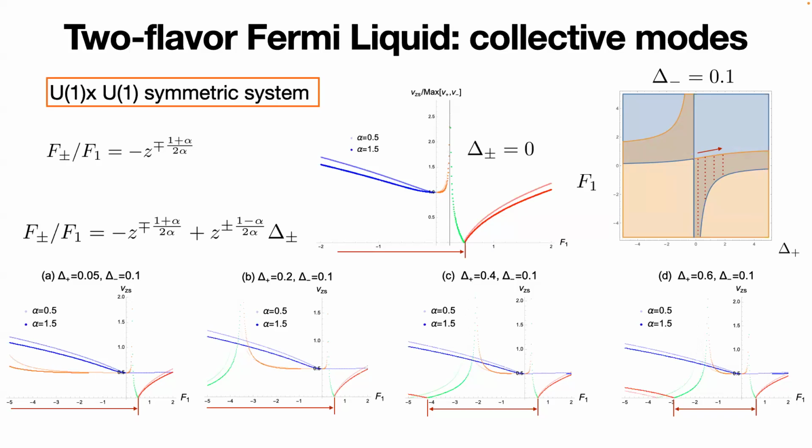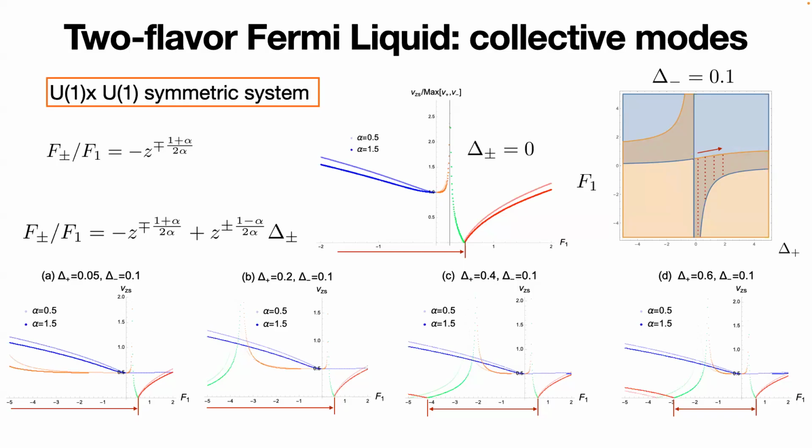We can see that tuning some parameter would change the range of the well-defined collective mode, where blue and orange are the well-defined collective modes, green is the damped mode, and red is the unstable growing mode. So the region between the red curves is the stable Fermi liquid phase.